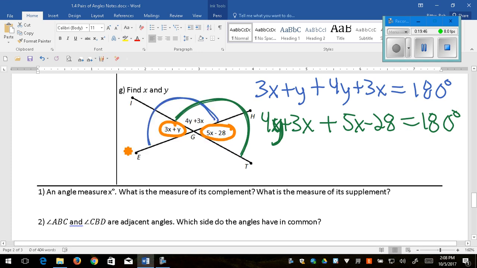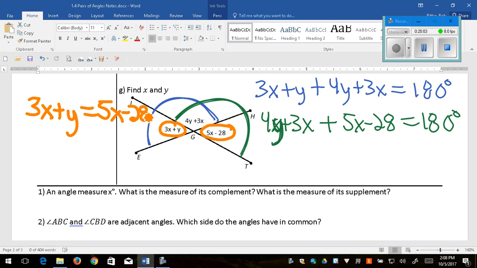If you did the orange ones, though, you said, well, wait a second, the vertical angles would actually be 3x plus y equals 5x minus 28, since vertical angles are always congruent, and congruent means they're equal in measure. Any of these equations are good, but now you need to combine like terms and take your pick.